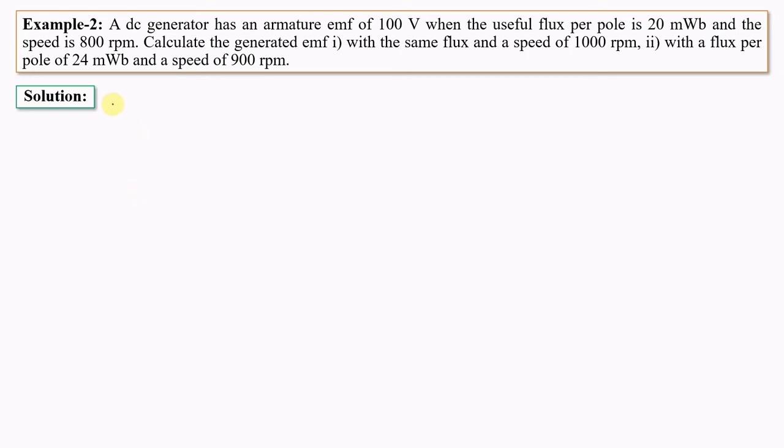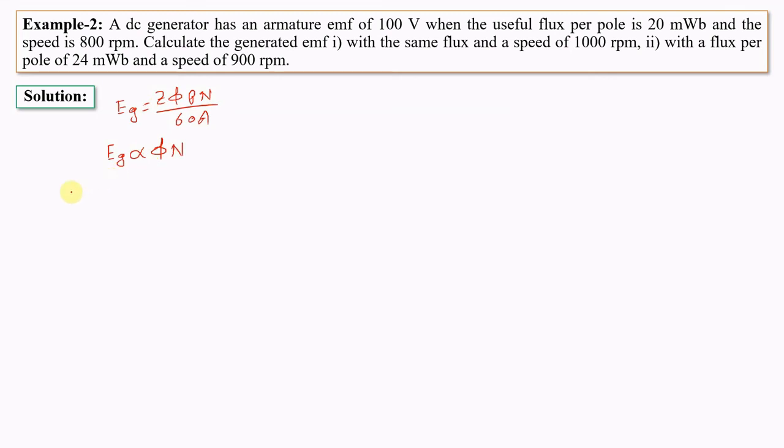We have already seen the generated EMF EG is equal to Z phi Pn upon 60A. And if all other values are constant, then Eg can be written as proportional to flux and the speed.